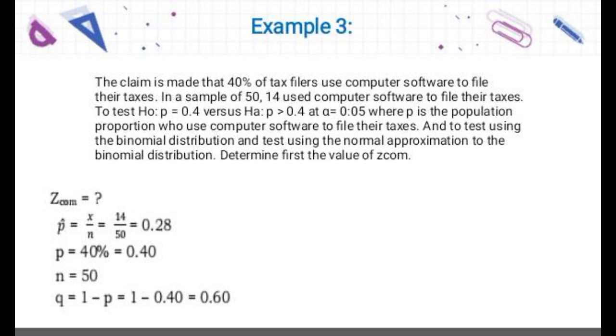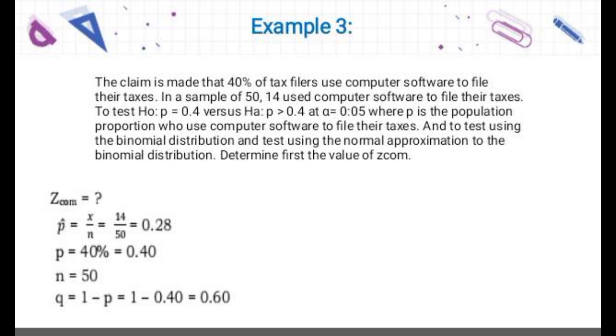Now, let's determine the Z-com. First, let's find out the p hat, P, N, and Q. Our p hat is equivalent to X over N. In the paragraph, X is equal to 14 and N is equal to 50. So, 14 divided by 50 is equal to 0.28.